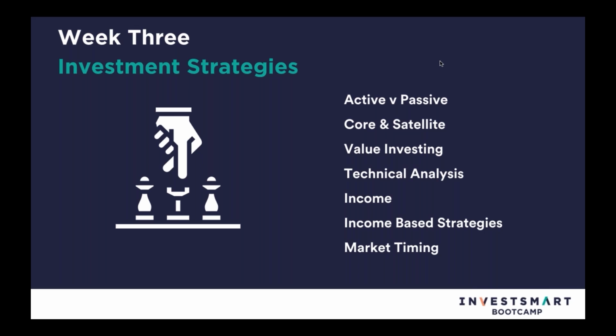The core and satellite strategy, a value investing strategy from a usually share investing perspective. Technical analysis is an interesting one, which we'll have a look at as well. And then we also cover off income and the income-based strategies that some people use as well. Market timing is an interesting discussion, and we'll have a look at that at the end of this one.